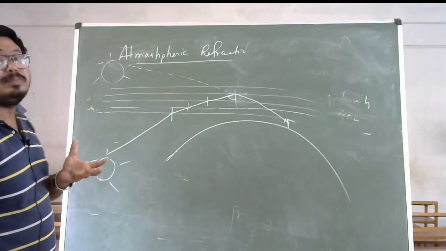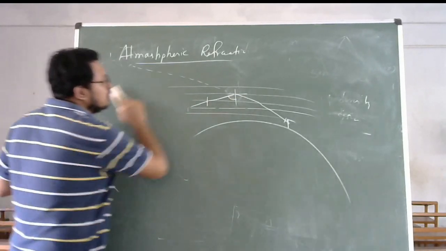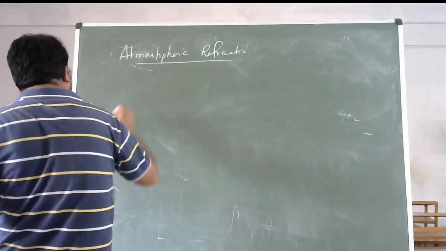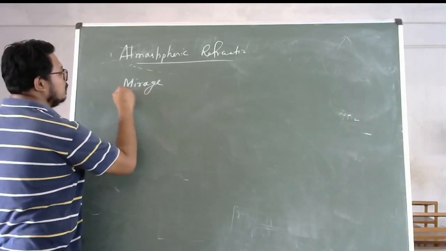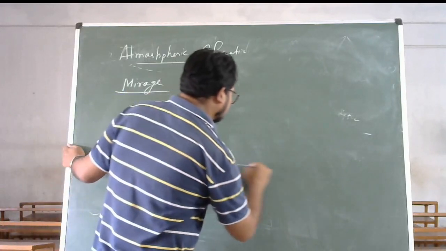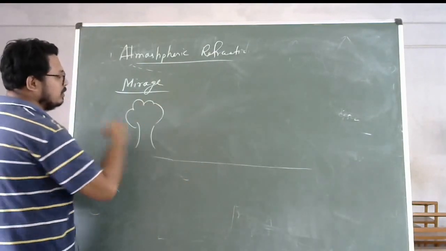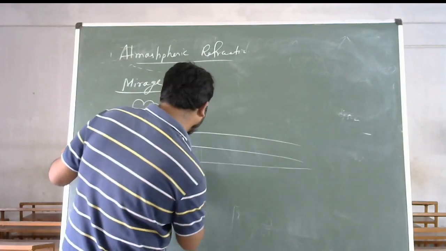Another interesting one is mirage. In desert area, when there is one tree, there are also layers of air.